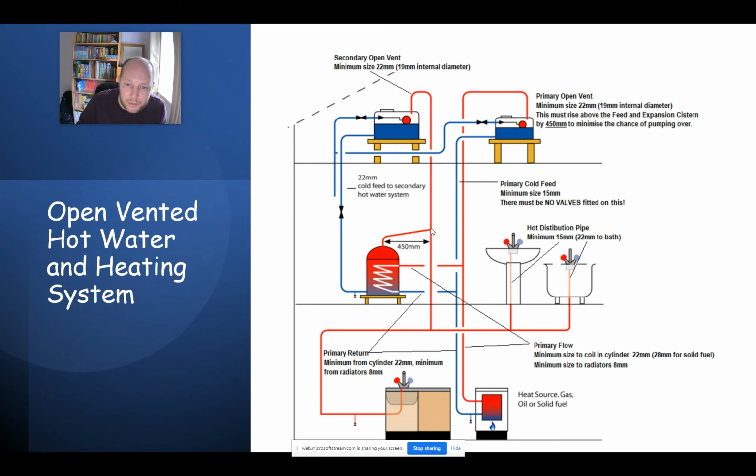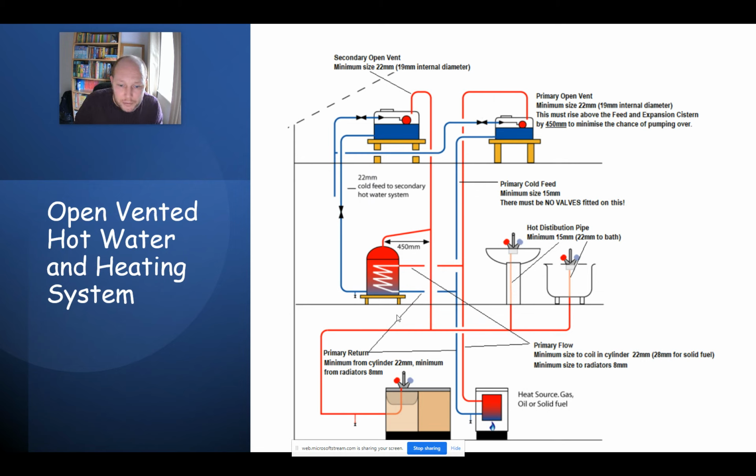Our vent pipe coming off here, travelling horizontally for at least 450 mil to prevent one pipe circulation, and then rising above this system. Minimum size 19 mil internal diameter, normally use 22 mil pipe, and the height it should rise above this water level is 40 mil per meter plus 150. So that's the key things to remember.